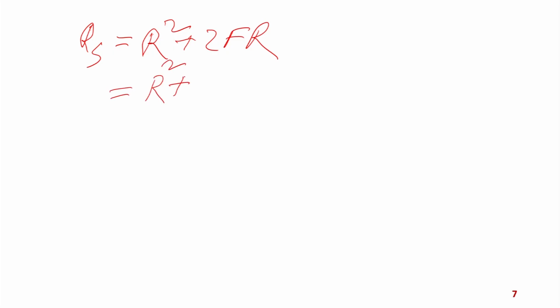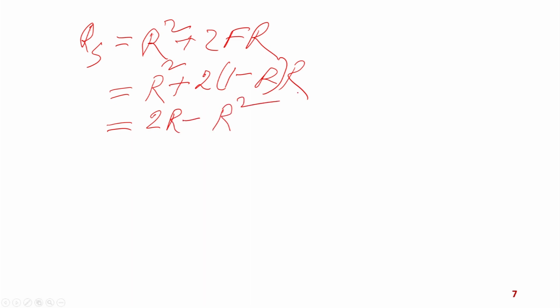So, I can write that the system reliability R_s is equal to R square plus twice F R. Now, I can write R square the same, and F is equal to 1 minus R, multiplied by R. If I simplify, then this is equal to 2R minus R square.